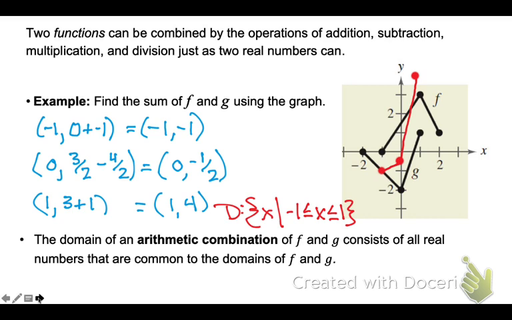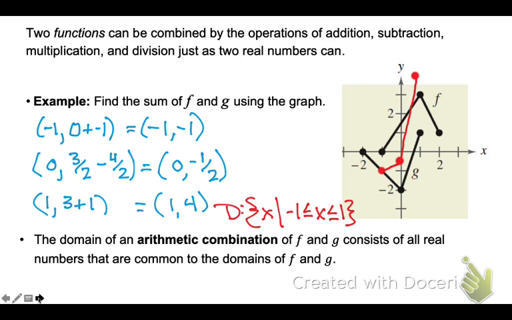Make sense? Could I subtract the two? Yes. All I would do is subtract the numbers instead of adding them. Could I multiply the two? Yeah. And all I would do is multiply the y's, not the x's, the y's, because the y's are the answer, what comes out of the equation, correct?